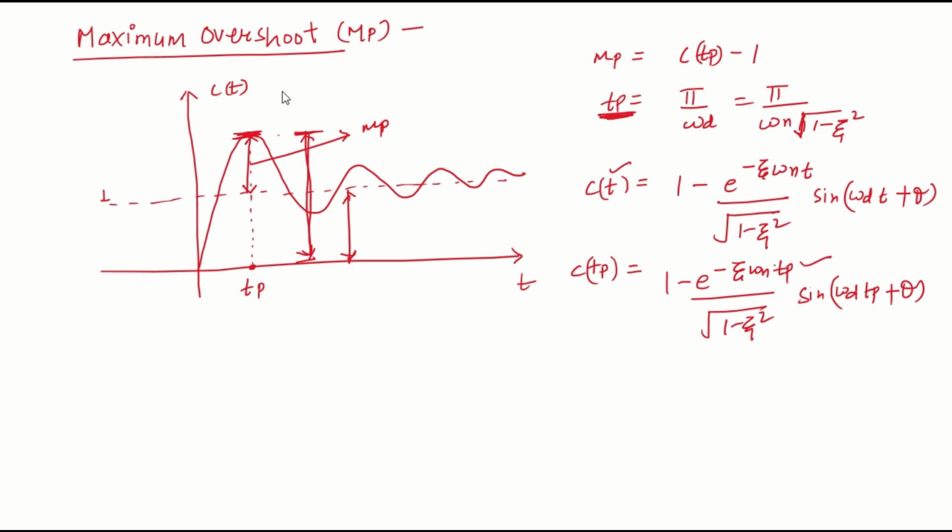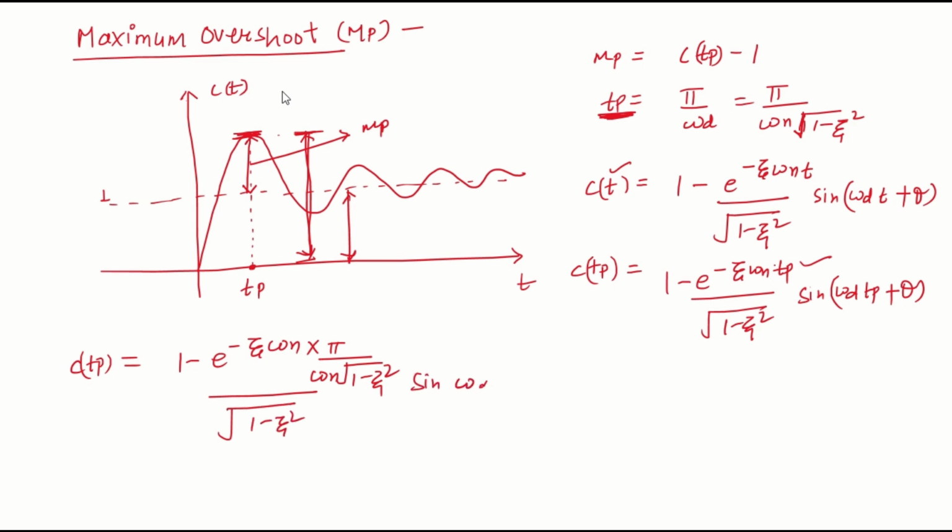So C(tp) further is equal to 1 minus e raised to power minus zeta omega n, and the value of tp is pi by omega n root 1 minus zeta square, divided by root 1 minus zeta square sine omega d, and this time I am putting this value in the form of omega d, so this is pi by omega d, plus theta.